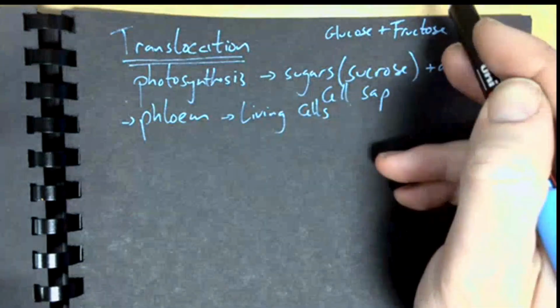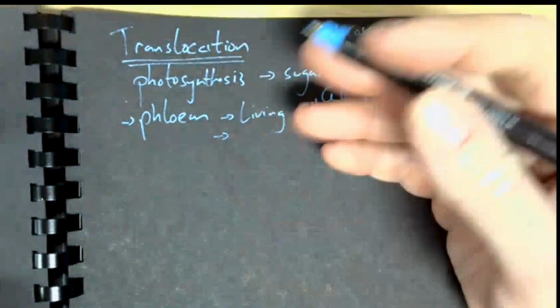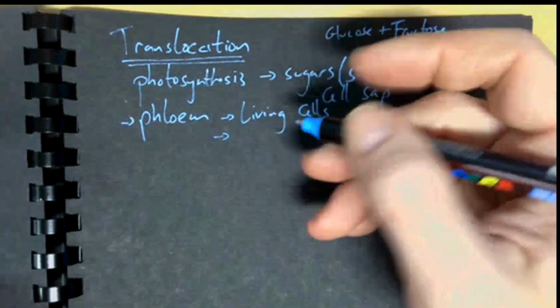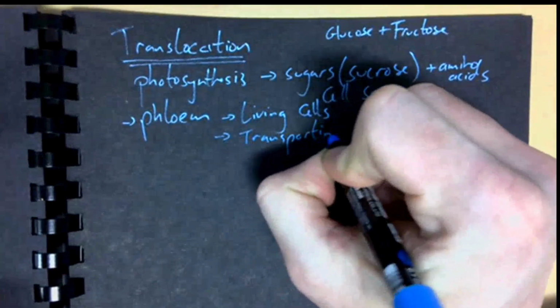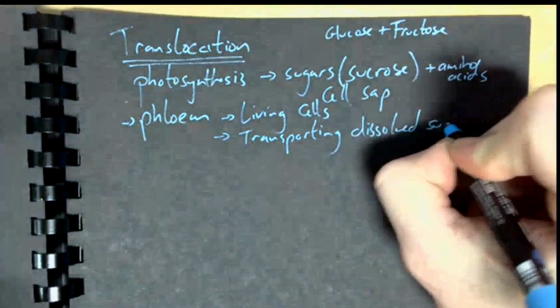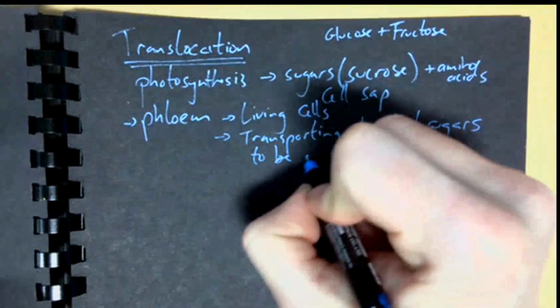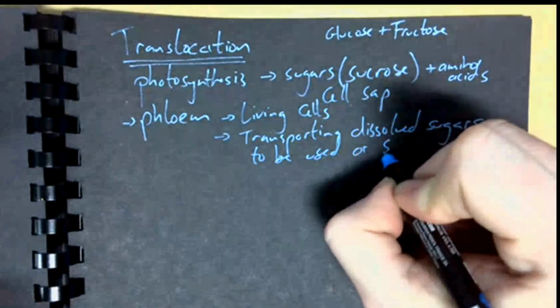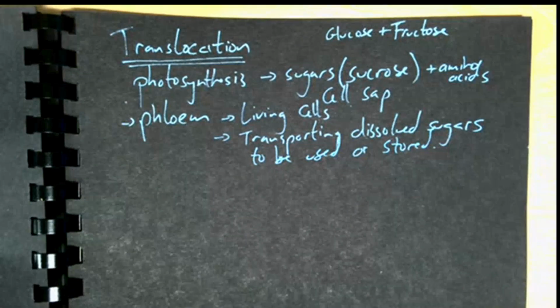So whereas the xylem is very directional, the phloem are transporting to where they are required. So we're transporting dissolved sugars to be used or stored. Maybe they're going to be used for respiration, or maybe we're going to store them.